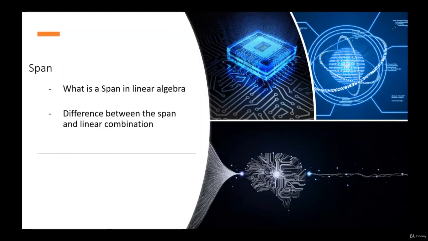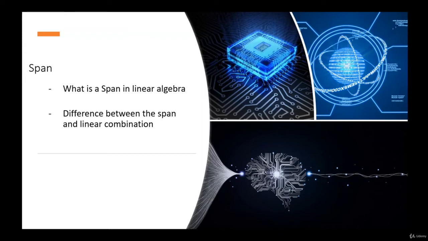So let's start. The first thing that we are going to talk about is the span. What exactly is a span? The span of a set of vectors, we can see simply as the set of all linear combinations that those vectors have. For example, let's say we have two numbers, a and b, and two vectors, vector 1 and vector 2.